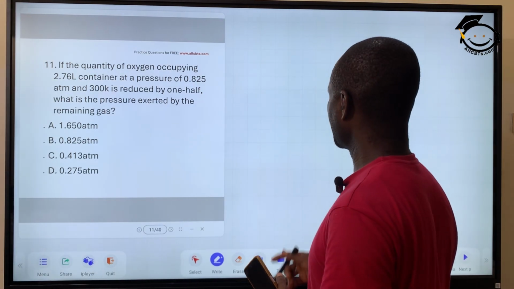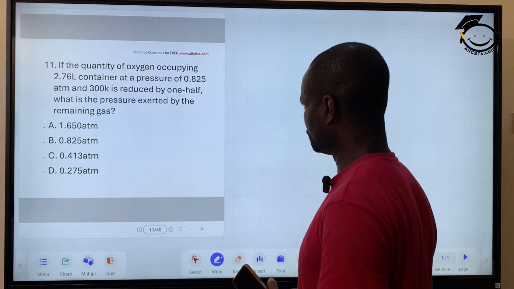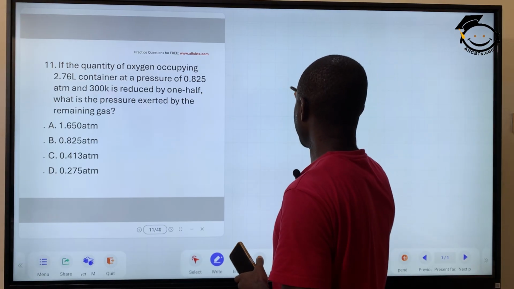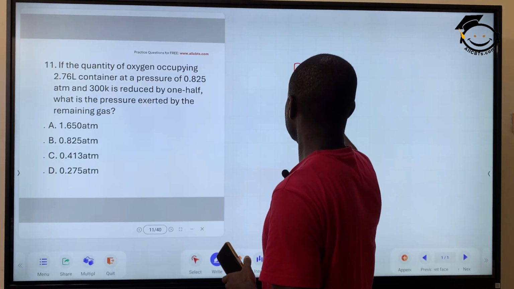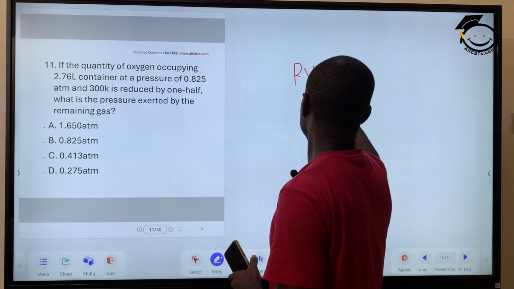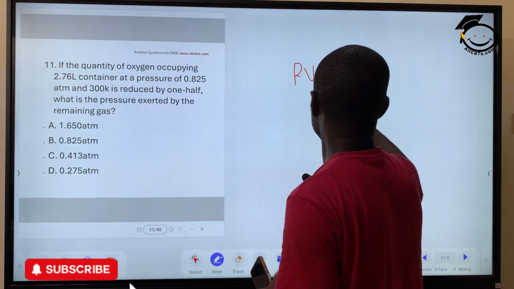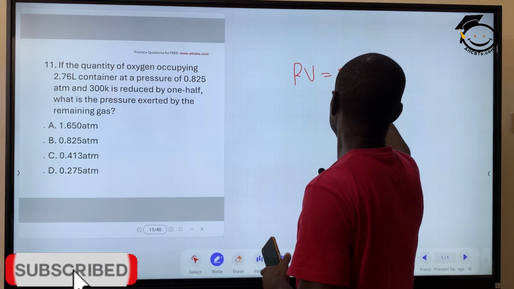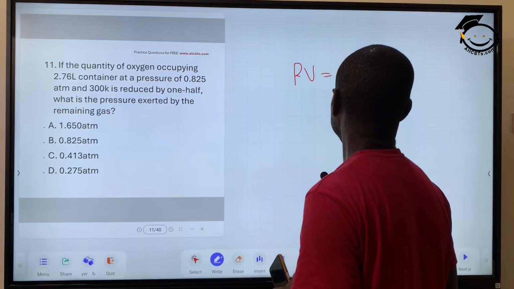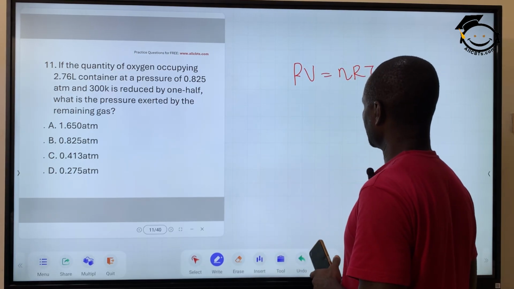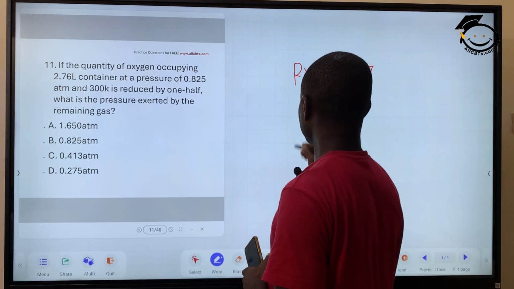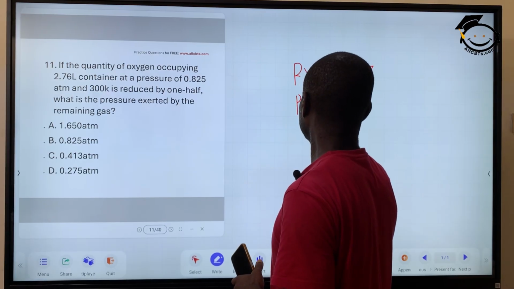In this case, we are looking at pressure and volume. So going by the ideal gas equation, pressure times volume equals number of moles times gas constant times temperature.